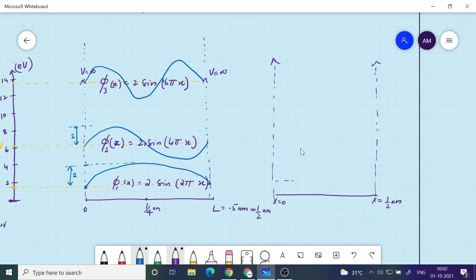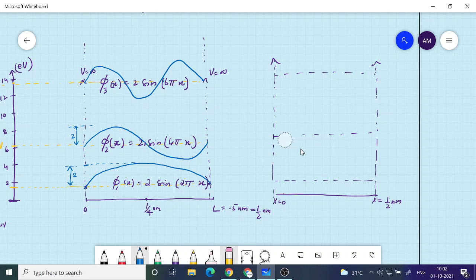So the first one, the energy is here, second one the energy is somewhere here, the third one the energy is somewhere here. So you can see that the gap is increasing as n is increasing. So from 1 to 2, the gap is less than 5 electron volt, but from 2 to 3 it is more separate.